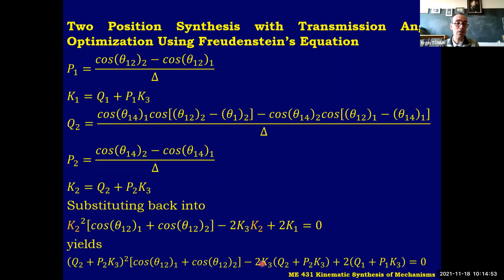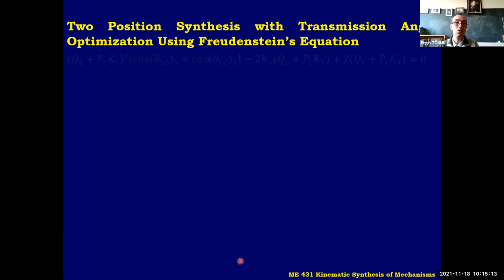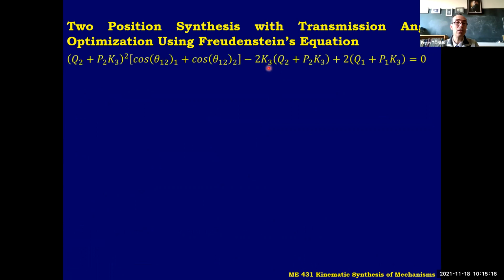You have a K3 square, a K3, and certain constant terms, like, for example, Q2 times this, which can be, again, solved analytically, no trouble. So this is the equation we have derived in K3, which is quadratic.